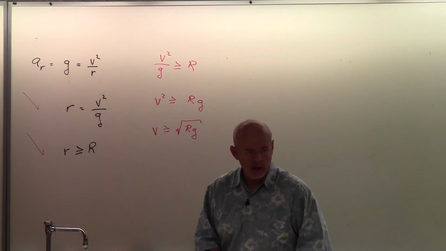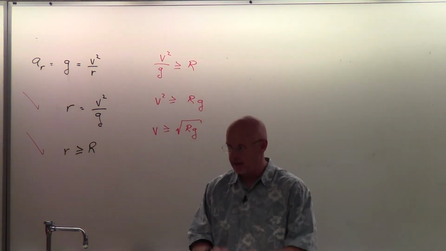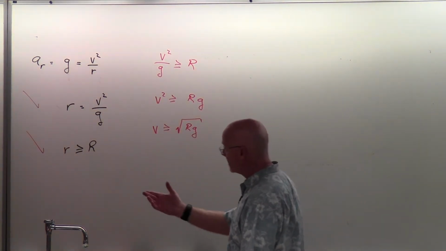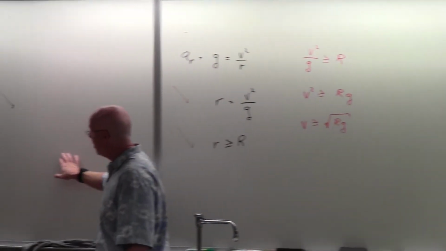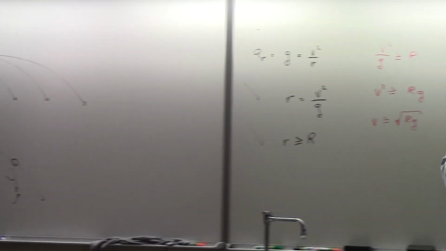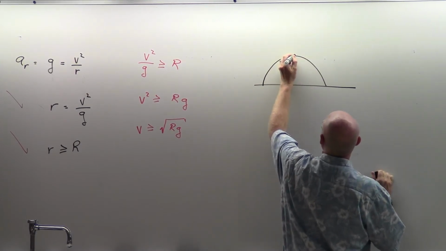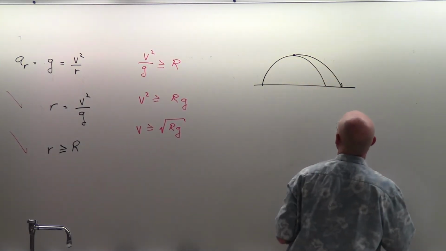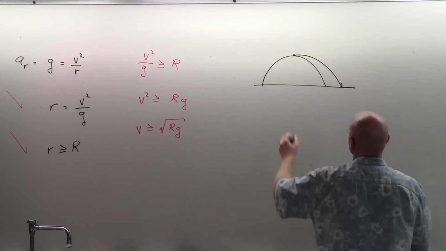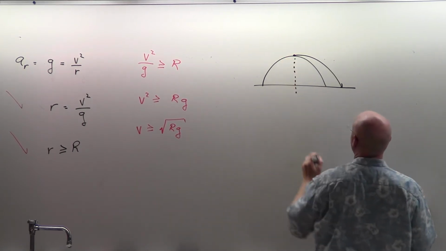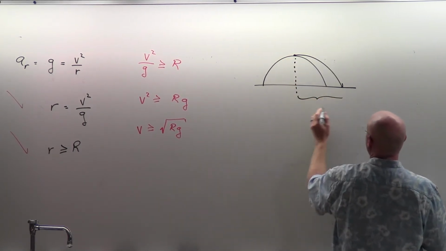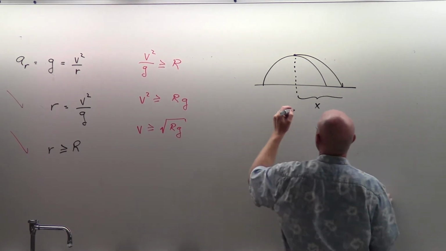What's the speed? The other part then is, where does it land? All right, well, let's come back to our rock picture here. Maybe I'll redraw the rock picture here and say there's where it lands. Let me go ahead and call the horizontal distance x.